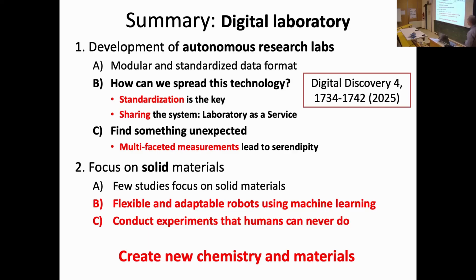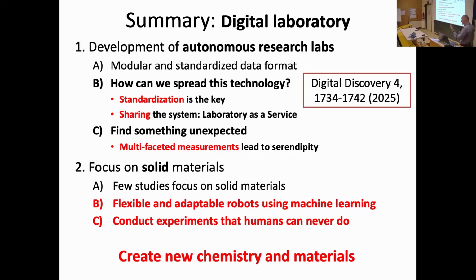Now we are focusing not only on thin films but on solid materials, and that is really a challenge. Solid materials are always a challenge because they have shape or change shape. So more robotic technology is needed, AI-driven robotic technology.